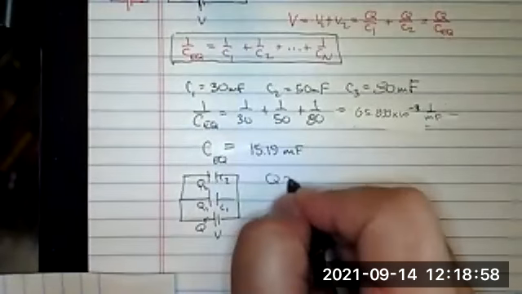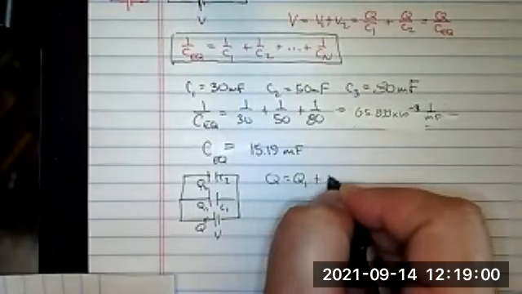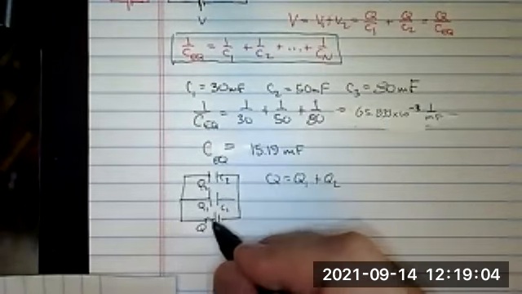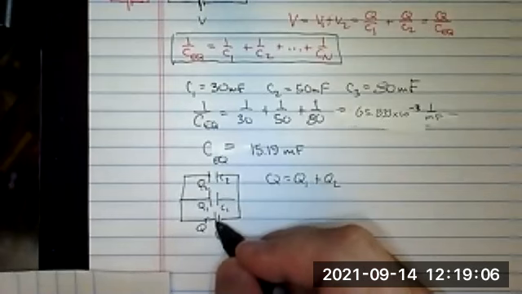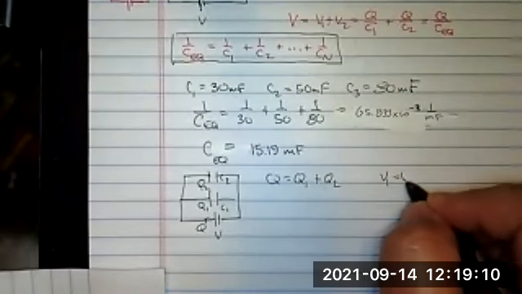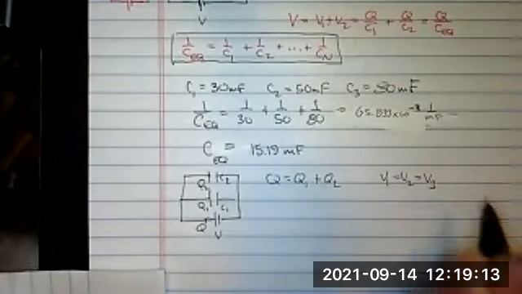But Q has got to equal Q1 plus Q2. Because it's in parallel, we know that this voltage is the same as this voltage is the same as this voltage. So V1 equals V2 equals V3.